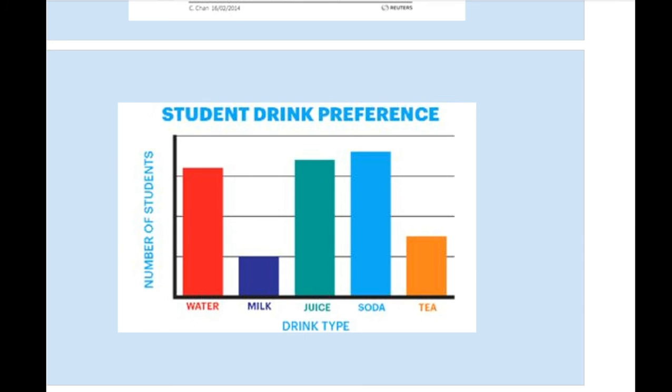So a somewhat simpler one, student drink preference. Looking at the number of students and the drink types, what's misleading about this? Well, there's no scale on the y-axis. All the bars are the same size, so that's fine. We can clearly see them. We assume that they start at 0 based off the axis, but there is no scale.